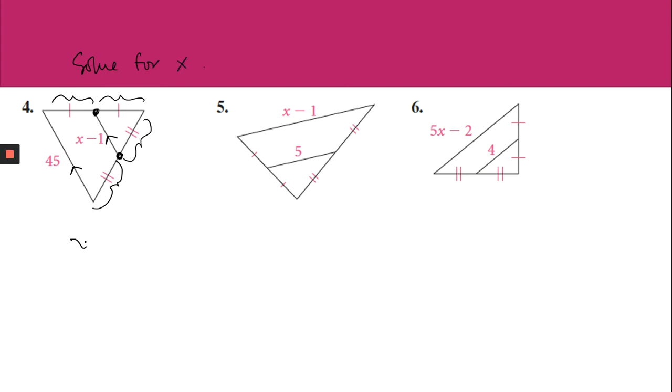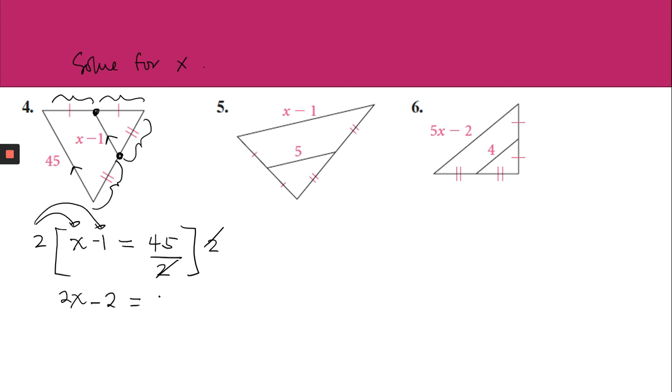So x minus 1, the shorter one, the mid segment, is equal to half of 45. How do we get half of 45? Divide by 2. Okay, to eliminate 2, you multiply both sides by 2. So that will be 2 times x is 2x. 2 times negative 1 is negative 2 is equal to 45.